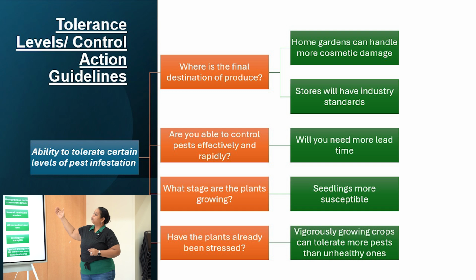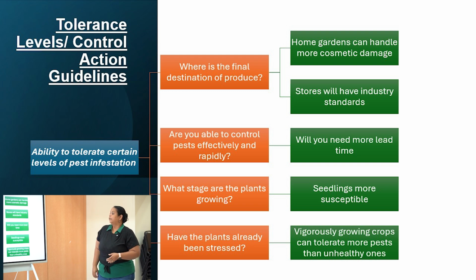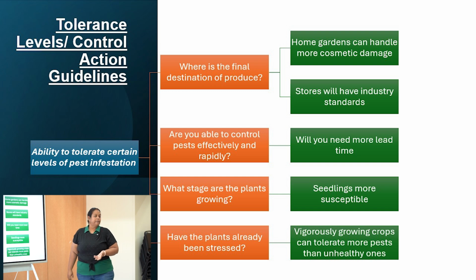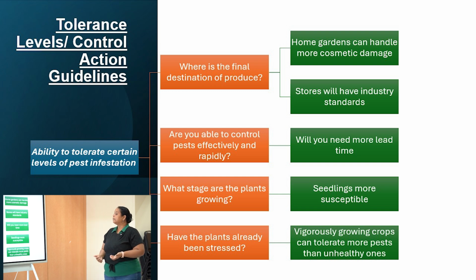So obviously if you're a home garden or a school, you could handle more cosmetic damage, whereas if you're selling to a supermarket, they're going to want it to have a certain standard, okay? Second thing is, are you able to control your pests effectively? Okay, so that's part of your management plan, or will you need more time? Therefore, if you're trying to plant certain things, you have to do certain steps before you plant.